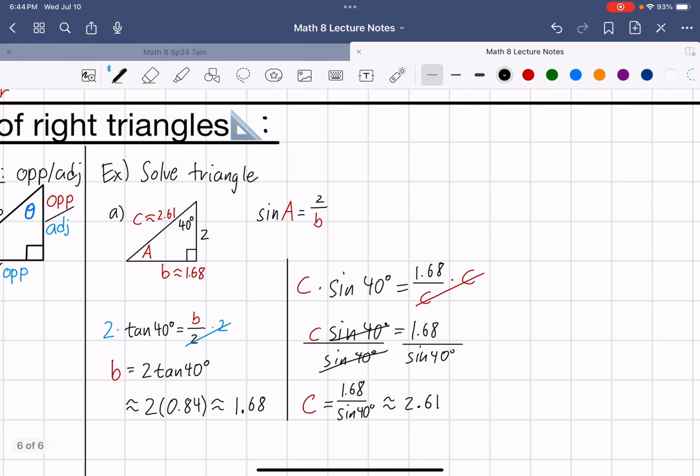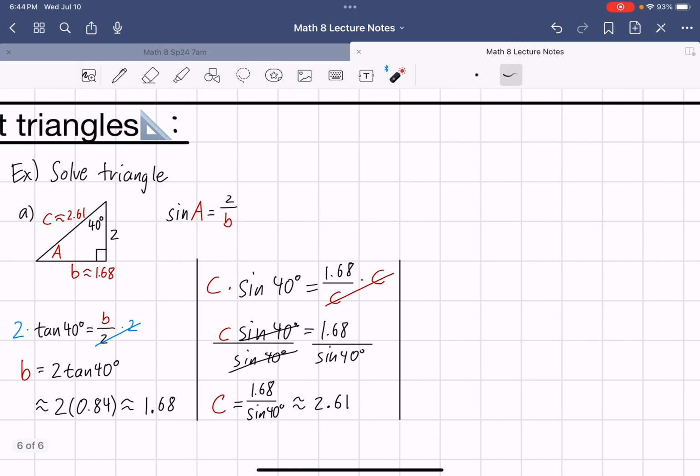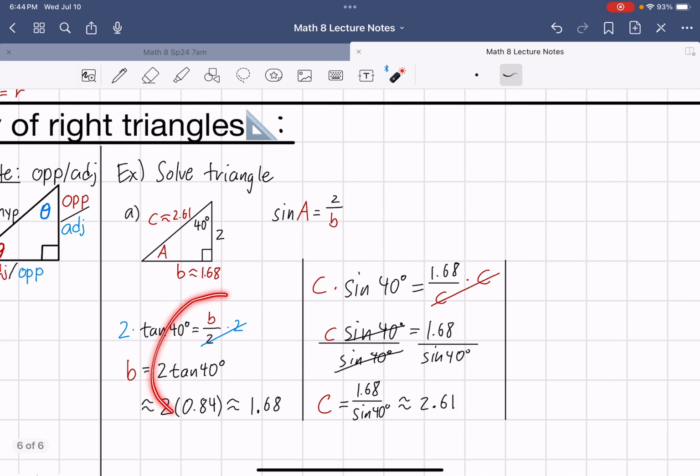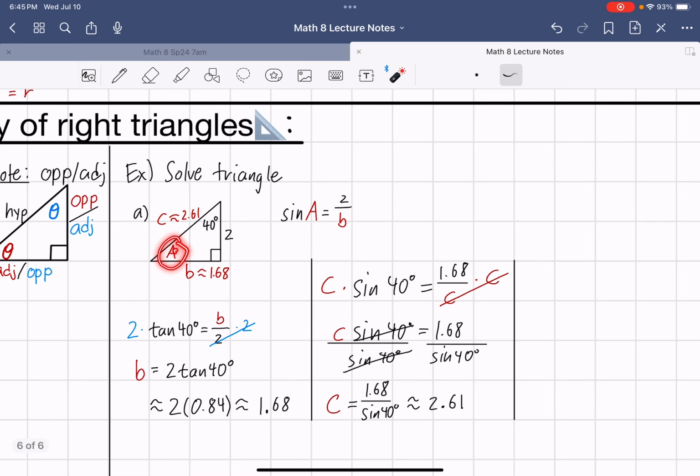And now for the last one, we have to find this angle. And that's where 6.4 comes into the picture. Because in 6.4, that's where you start trying to solve angles. In 6.2, you're doing trig ratios to find the sides. But in 6.4, you are looking for the missing angle.